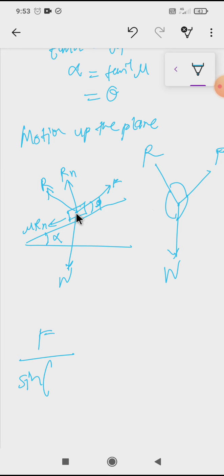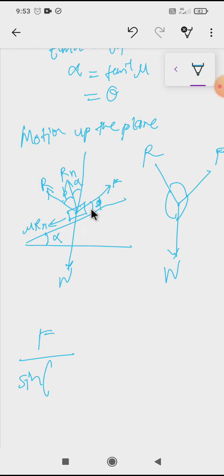Now if I draw a few diagrams to get the angles, let me first draw a vertical line here. So what is this angle? This angle is nothing but, here this is alpha, now this is phi, so this angle is also phi.